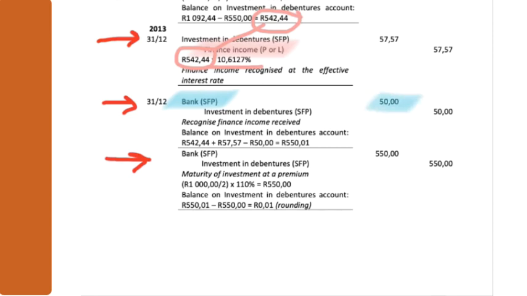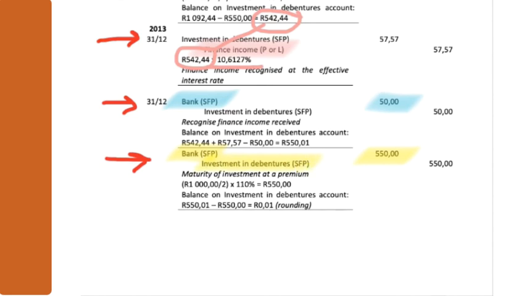Just remember, it is less than the prior years because some of the nominal value already matured. It is the outstanding nominal value, the remaining nominal value, that accrues interest. The second payment that happens is the maturity payment, debit bank. We already calculated that amount of 550, contra account investment in debenture.